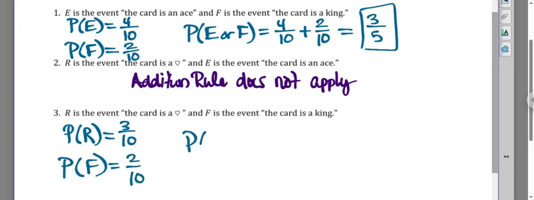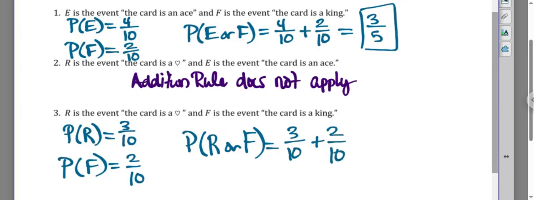So the probability of getting a heart or a king, adding the two probabilities together. In other words, half of your cards are either hearts or kings. Questions on those?